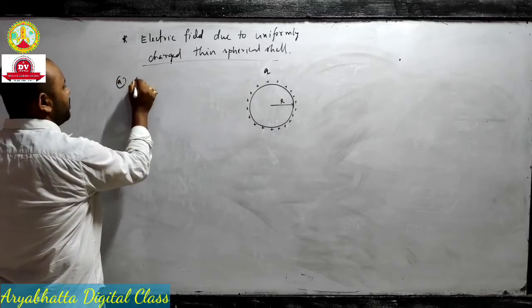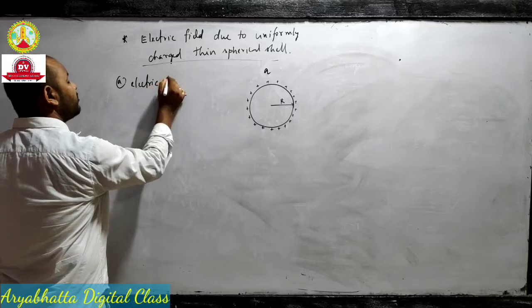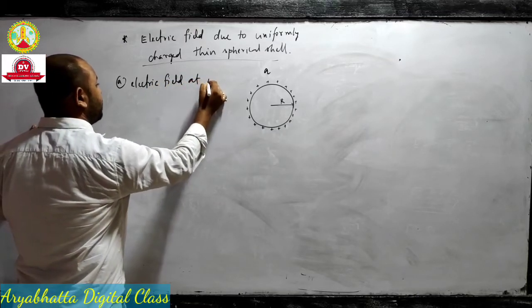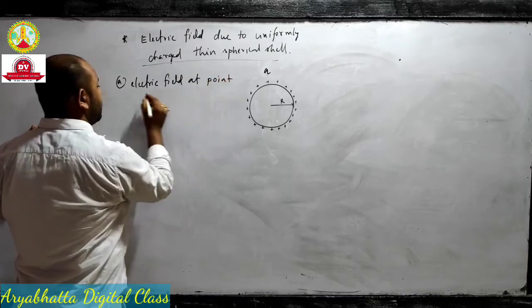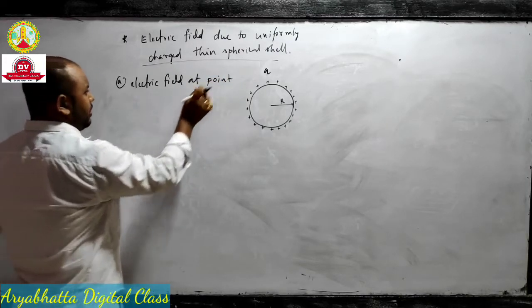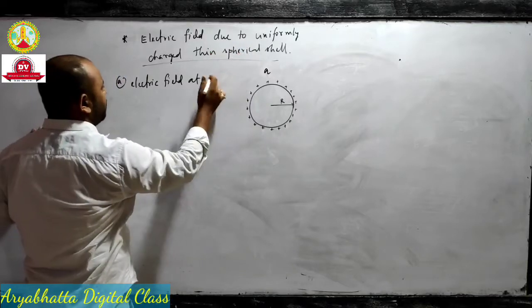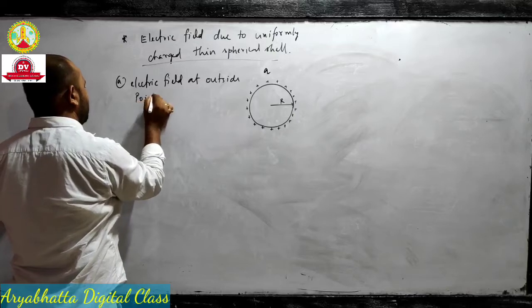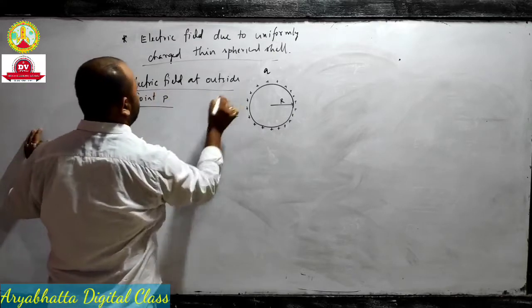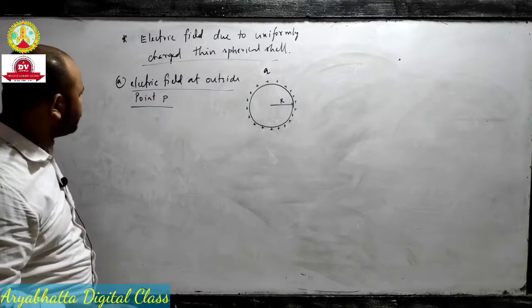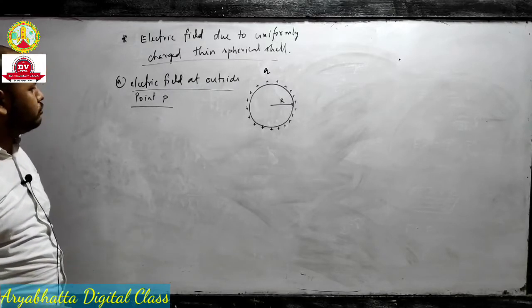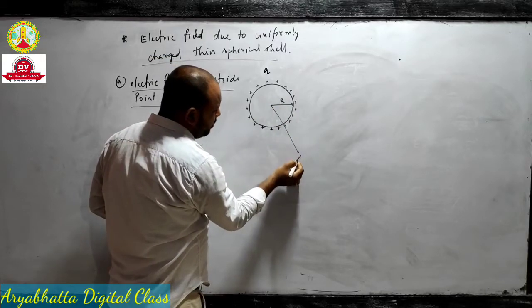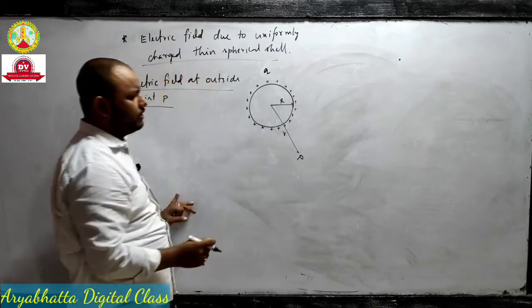Number A, electric field at outside point P. Suppose this is a point P which is at a distance r.